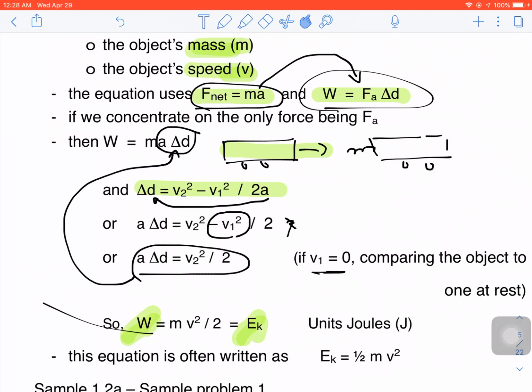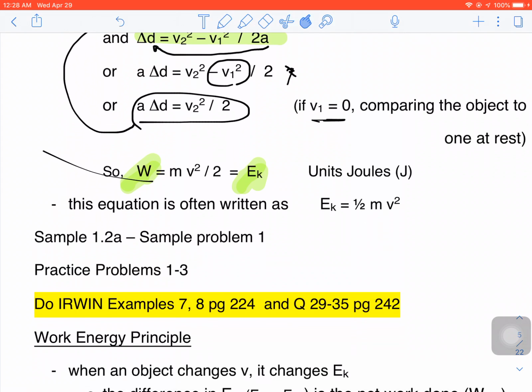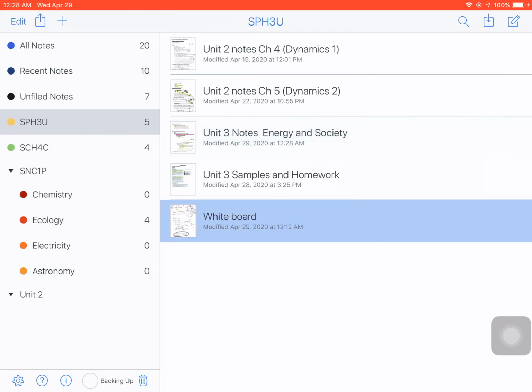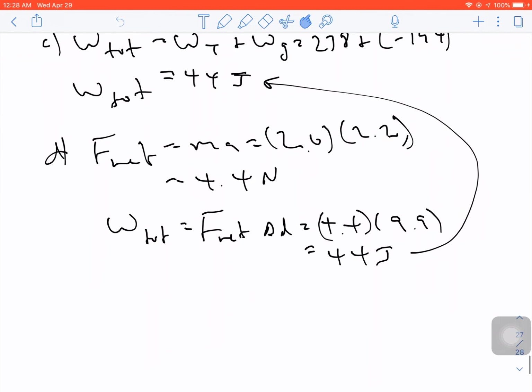Okay, so let's look at how we use this equation. So if I look at 1.2a, and this is the sample problem, that's in the other document.